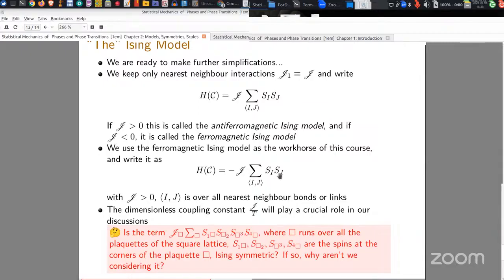So, the Ising model, if we, let's say, increase the number of neighbors. Can you give me a concrete example of how you would increase the number of neighbors? Nearest, next nearest, and so on.